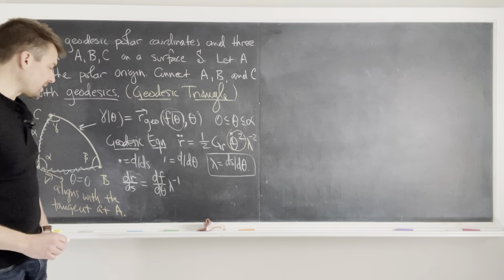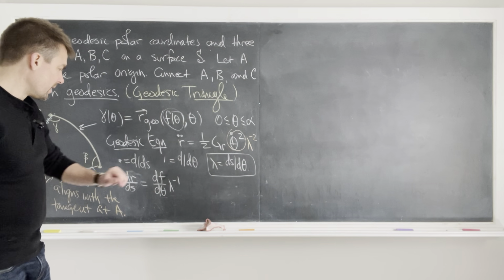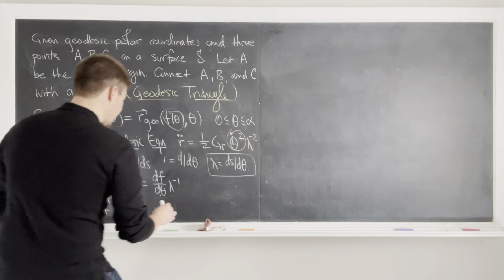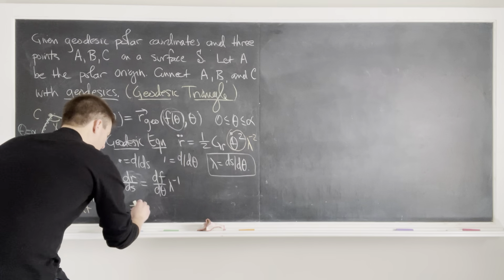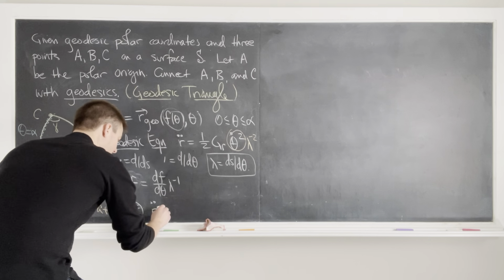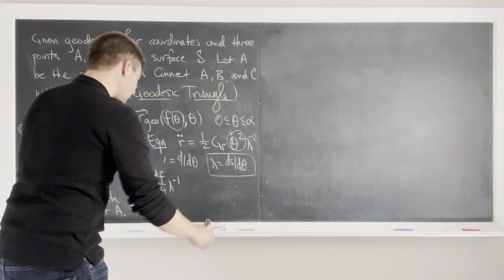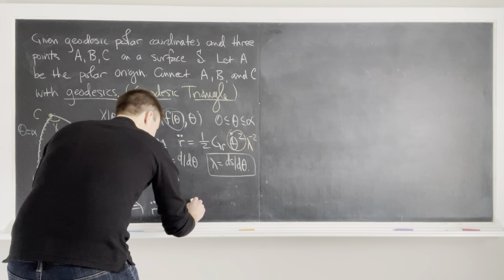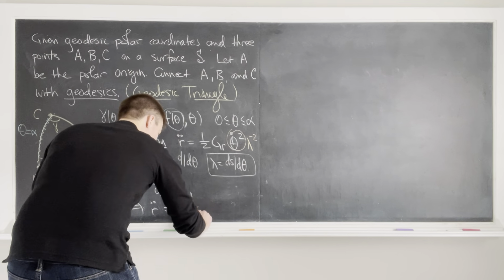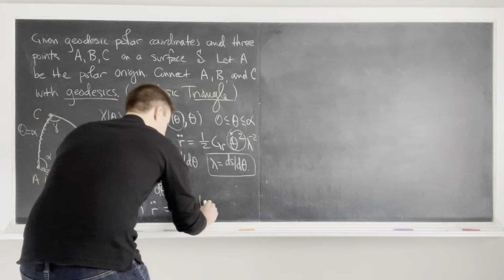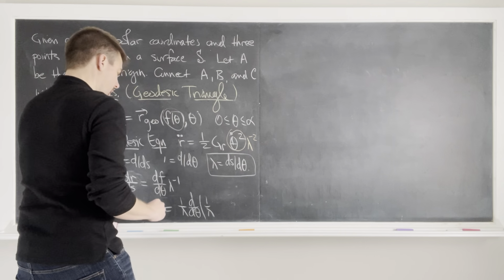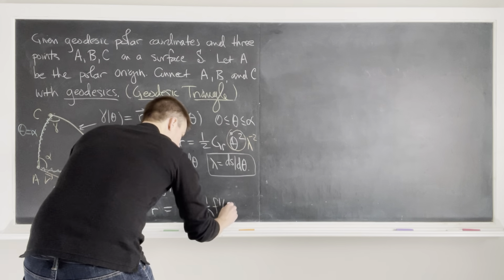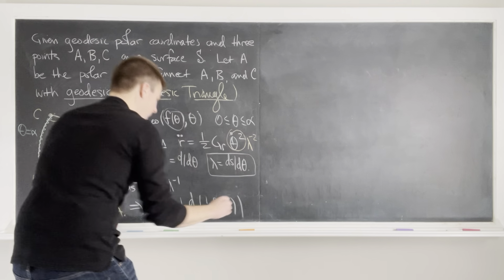So an s derivative is 1 over lambda times a theta derivative. So if I do a second s derivative, this implies that r double dot is going to be 1 over lambda, then a theta derivative of 1 over lambda, and then a theta derivative of f, like that.